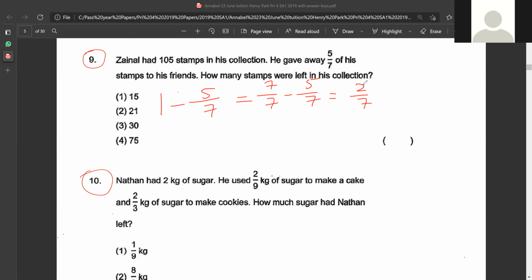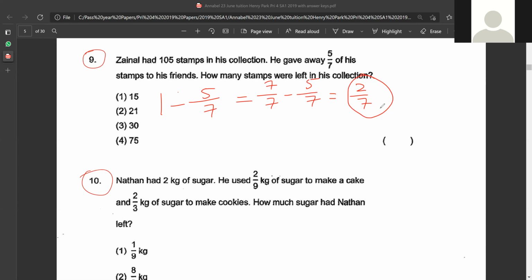Then how many stamps were left in his collection? So I want to convert this fraction to a number of stamps. What must you do? Divide. You must tell me what you must do. What do you mean by divide?